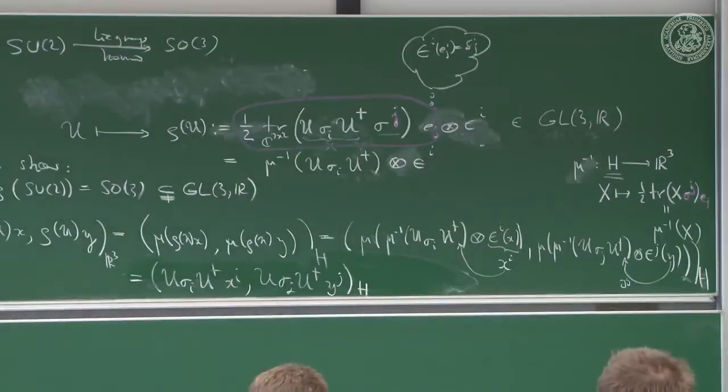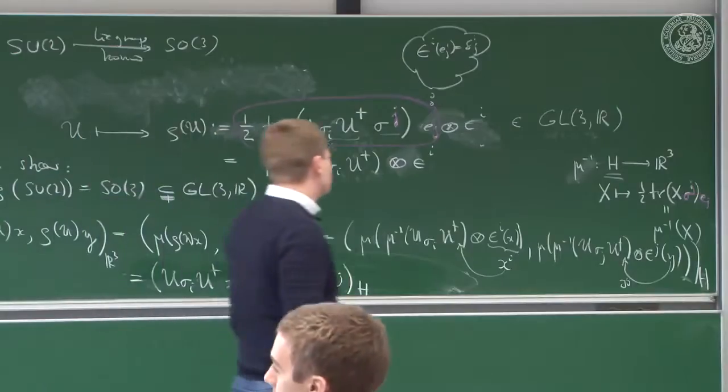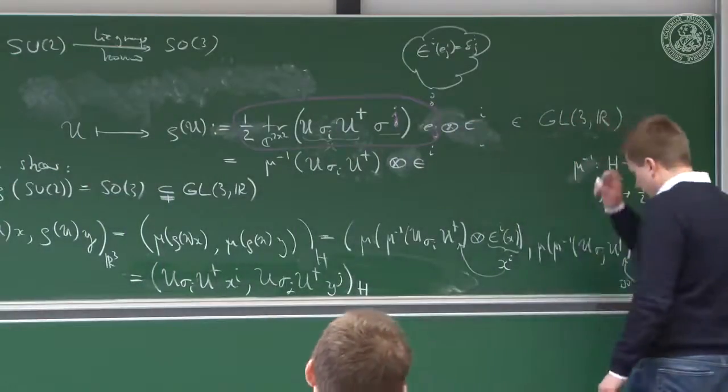When the x and the y are plugged into the epsilon, we can get rid of this. It's just a number. But now it says something tensor product number, and this is a little bit strange.